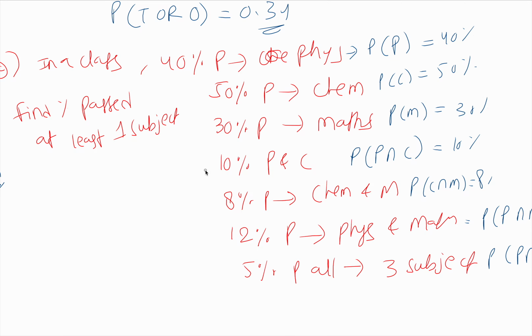This is based on three events, so we use probability of A union B union C, the second formula.